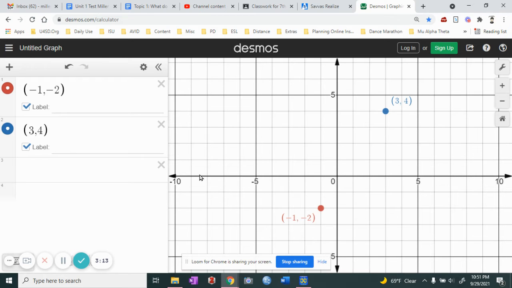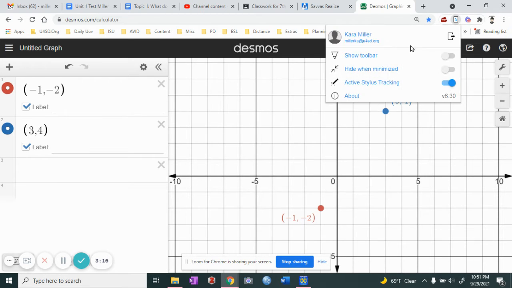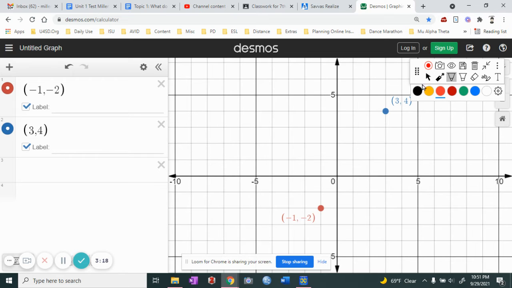So when we are writing the equation of a line, remember there are some key pieces of information we need. We are looking for our slope and our y-intercept. So my slope, remember, is rise over run. We're looking at that vertical change and horizontal change. So the rise tells me our up or down movements, and the run tells me the right or left movements.